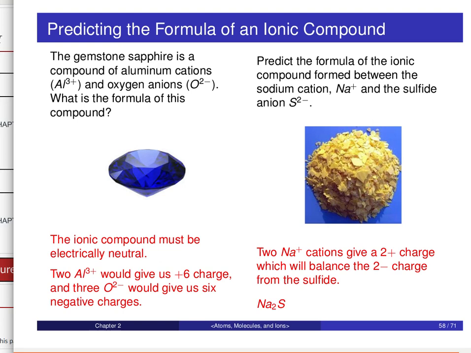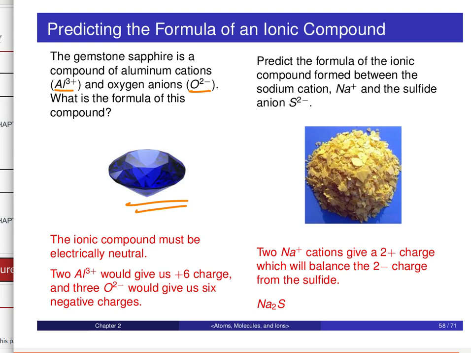So we're going to look at two examples here. The first example I want to look at is a rather pretty example involving the sapphire gemstone. Very pretty gemstone. And it turns out that this gemstone is comprised simply of aluminum cations and oxygen anions.